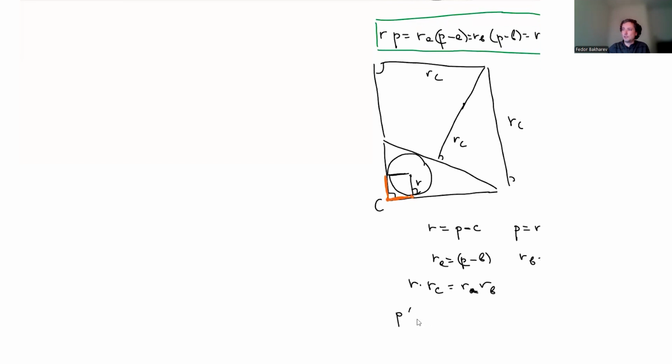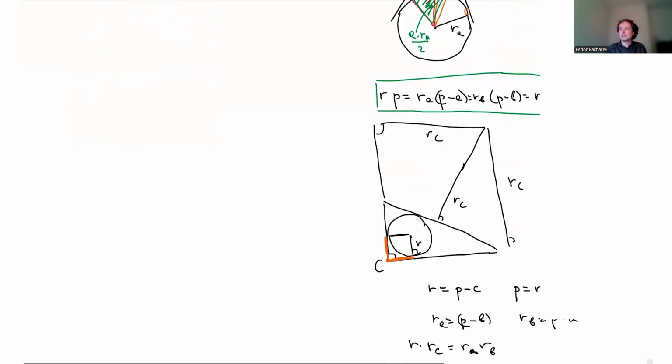You could get that p times (p minus c) is equal to (p minus a) times (p minus b). And actually, you could skip the first part of the solution and just try to understand this formula, and this formula is equivalent to the Pythagorean identity for the right triangle. You could just open the brackets here and find that a squared plus b squared is equal to c squared and nothing else here.